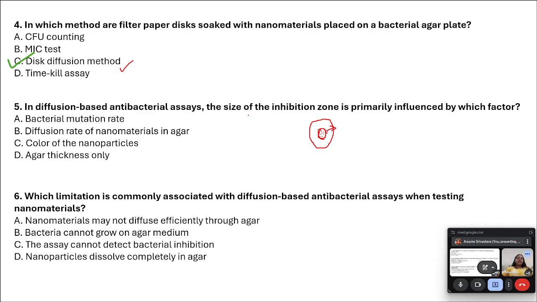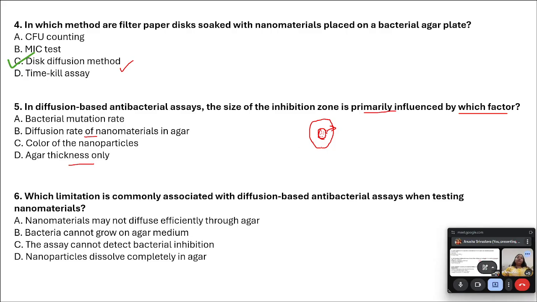So what it's asking is, the size of the inhibition zone is primarily influenced by which factor? The options are bacterial mutation rate, diffusion rate of nanomaterials in agar, color of the nanoparticles, and agar thickness.